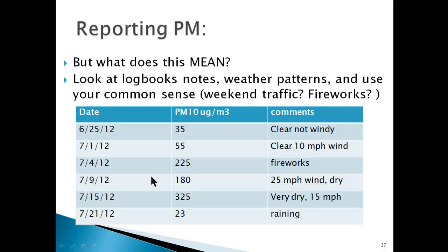And then on the few subsequent sampling days, it started to get windier. It was very dry, and then this really high value was on a very dry day with wind, not terribly high wind, but it was very dry. And then it went way down again because it was raining. So that's why it's really important to keep logbook entries.